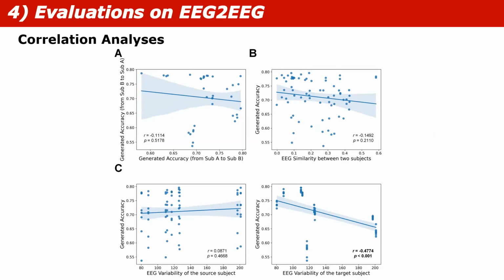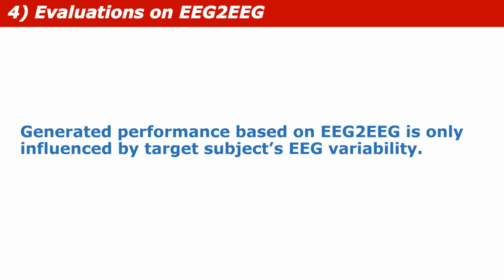Also, we calculate the correlation between generated accuracy and the EEG variability of the source subject or of the target subject. However, we only find a significant correlation between generated accuracy and EEG variability of the target subject. This suggests that generated performance based on EEG2EEG is only influenced by the target subject's EEG variability.